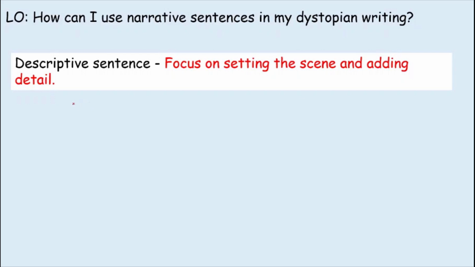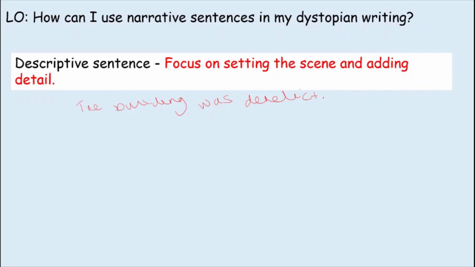For instance, I might say, and I'll use one of our key vocabulary words here, the building was derelict. What I'm doing here is setting the scene, adding detail, describing that scene as something. In this case, I've chosen derelict.